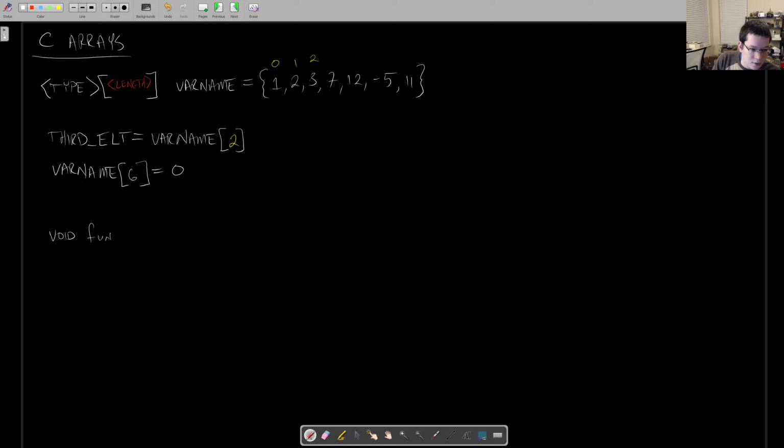Void function. I'm going to pass it a pointer to the array, so type pointer. I'm going to call it array, and I'm going to pass it a length. Int.